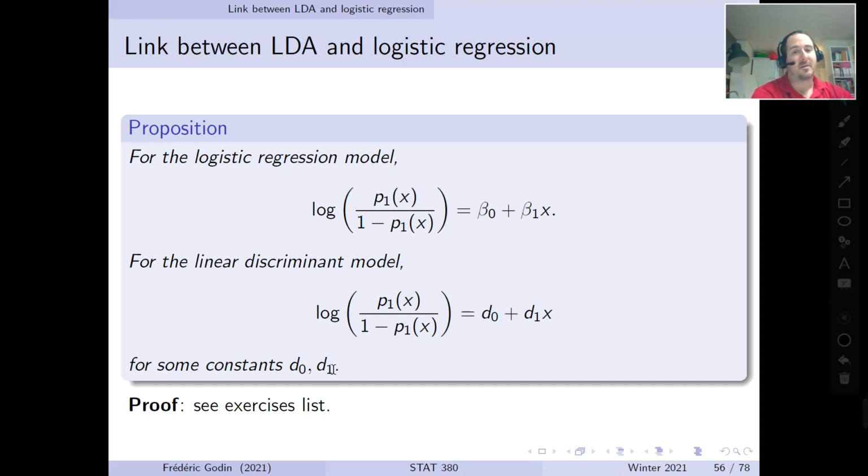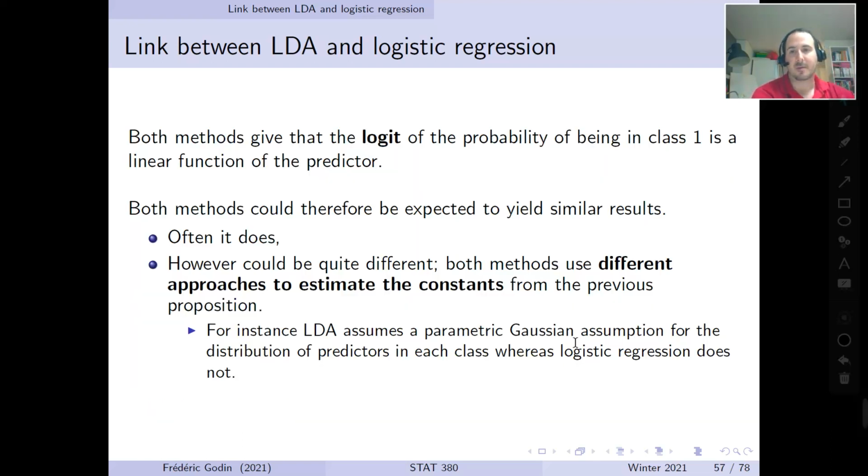Because of that result, you might say, well, because the nature of the solution is exactly the same, these models probably would provide pretty similar results in practice. Is that the case?